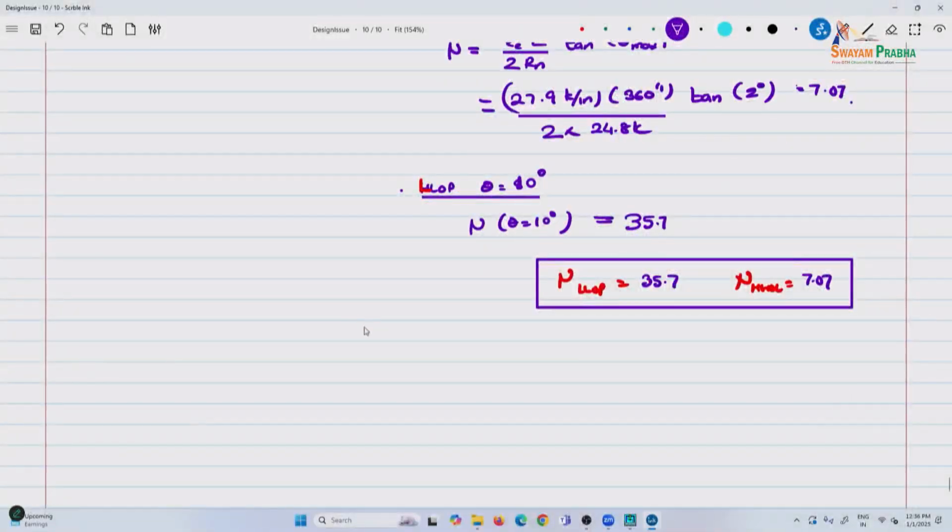So therefore P required is P naught divided by mu, let's say, and P naught was how many kips we calculated? Did we calculate that or no? 117 kips divided by 35.7 is how much?